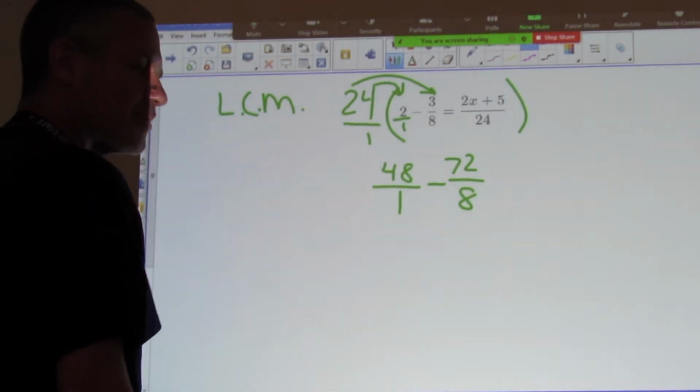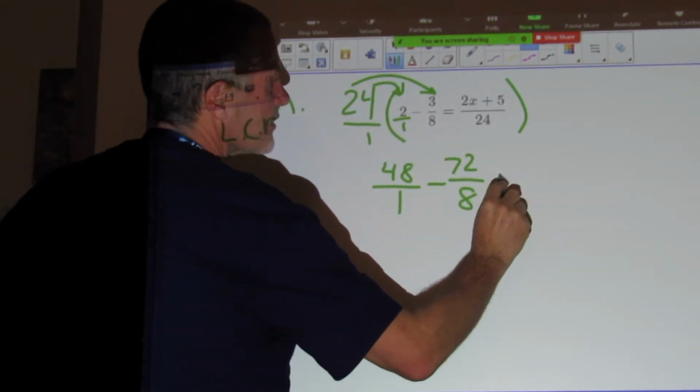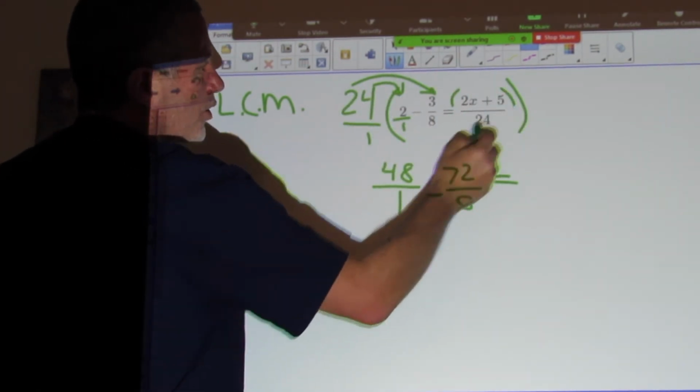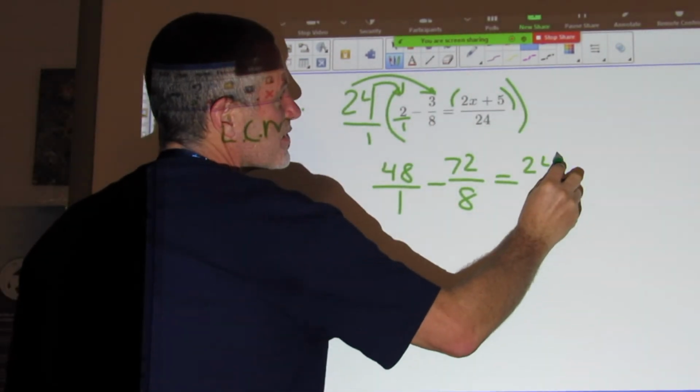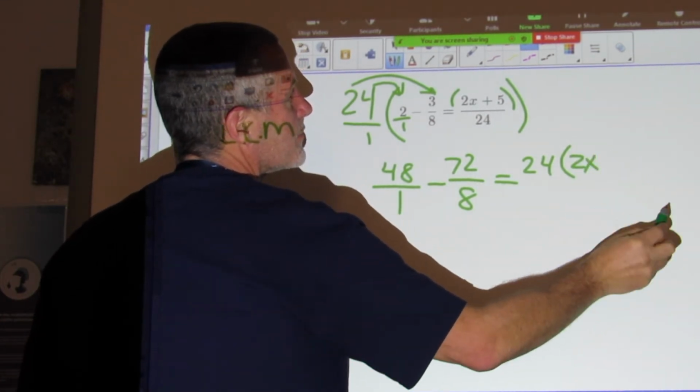Hopefully you're seeing how that will simplify to a number that has no fraction. Equals 24, I've got a binomial term again, so I always want to put that parentheses around it and just multiply by that LCM.